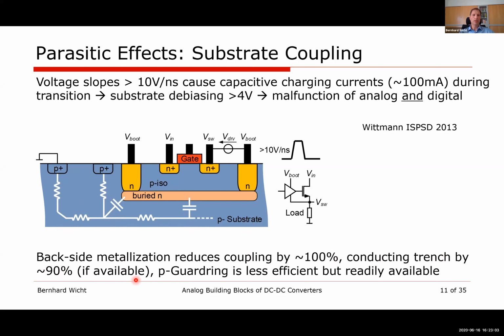That would help, but it's not always available. And then in the end, we can place other guard ring structures, which are sometimes efficient, sometimes not. So there are a lot of tricks, but anyway, I would like to make a point here. Substrate coupling is the second parasitic effect that is important and to be considered during design.